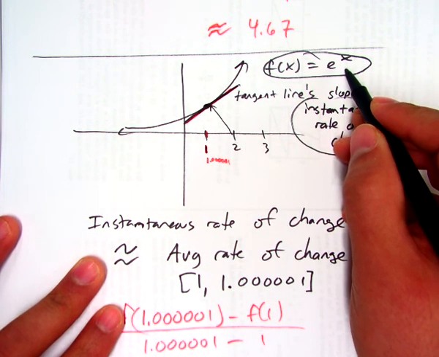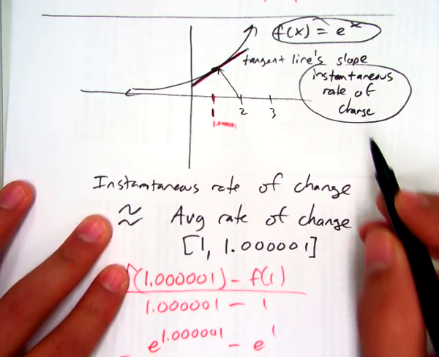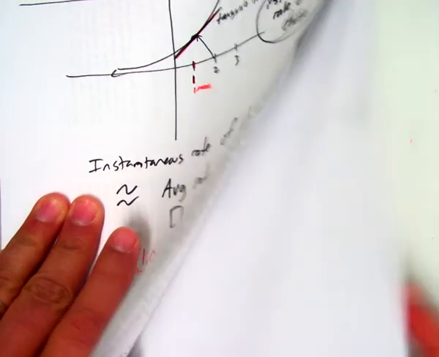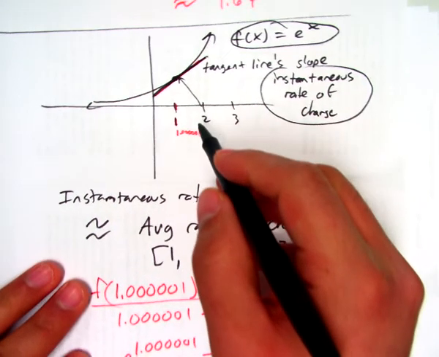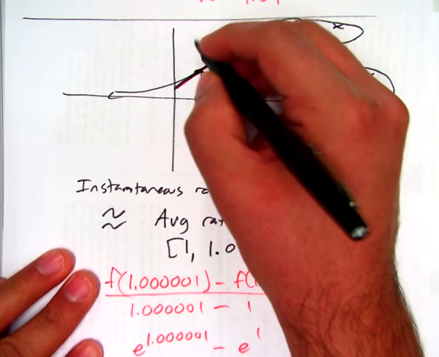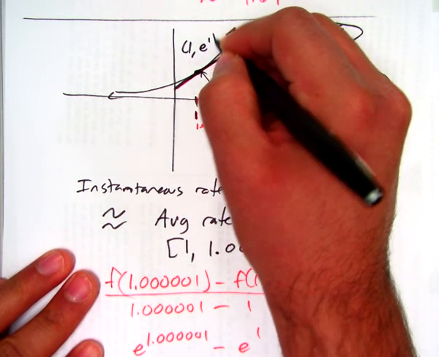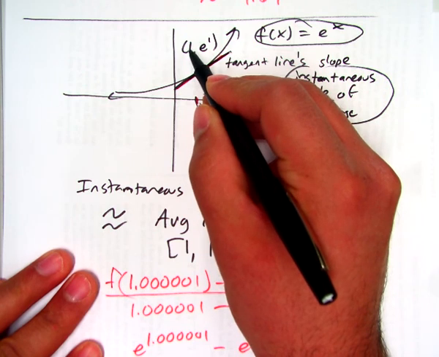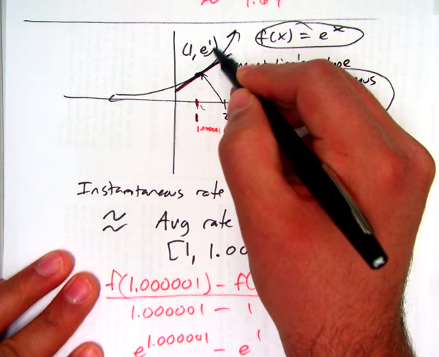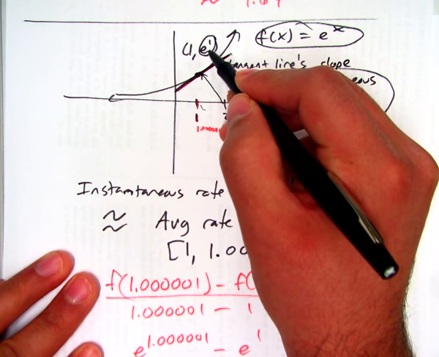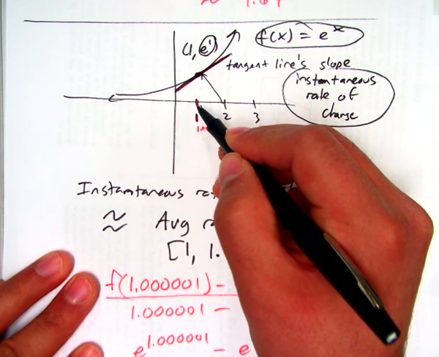In other words, the slope of the function is itself. You'll see that in calculus and you'll prove why that is. For instance here, we were at 1 and then e to the 1. So if I did all this approximation, I got pretty much the same thing I would have gotten if I had just plugged 1 into the function.